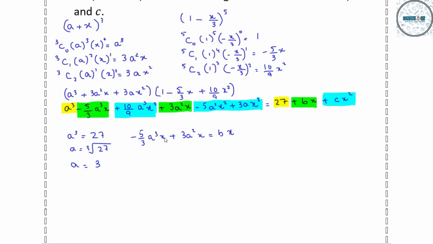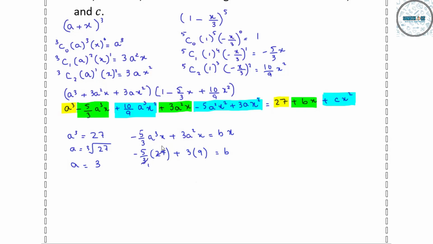-5/3 a cube x plus 3a square x is equal to bx. As we have to consider just the coefficients, we will not consider this x. We will just substitute the values of a here so that we can get the value of b. -5/3 a cube is -45, plus 3 into a square, which is 9, is 27, equal to b.